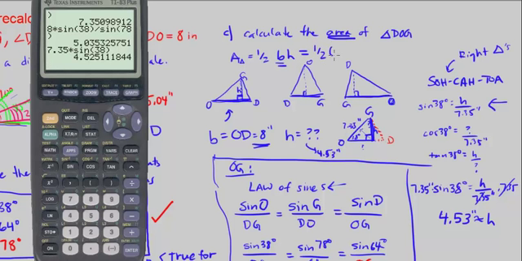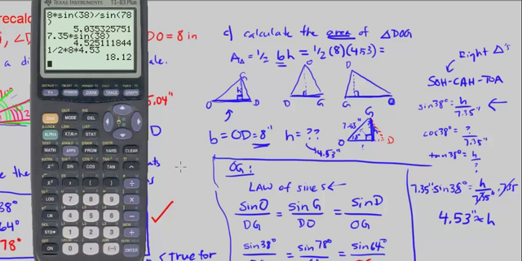We get 1/2 base times height, and that's equal to 1/2 times 8 times 4.53. And we get 18.12. And it's approximately that, because remember we approximated here, we rounded.